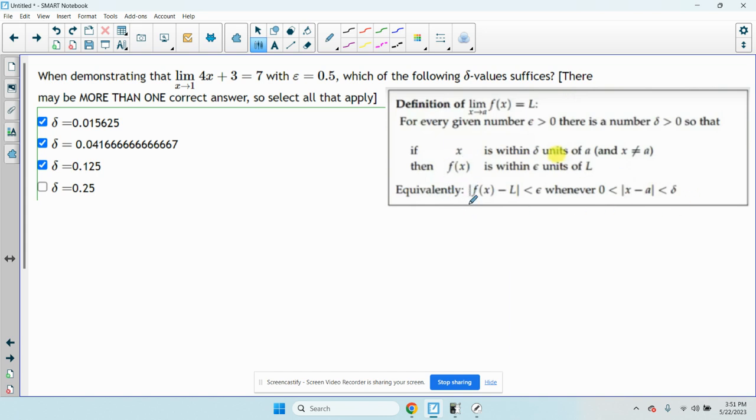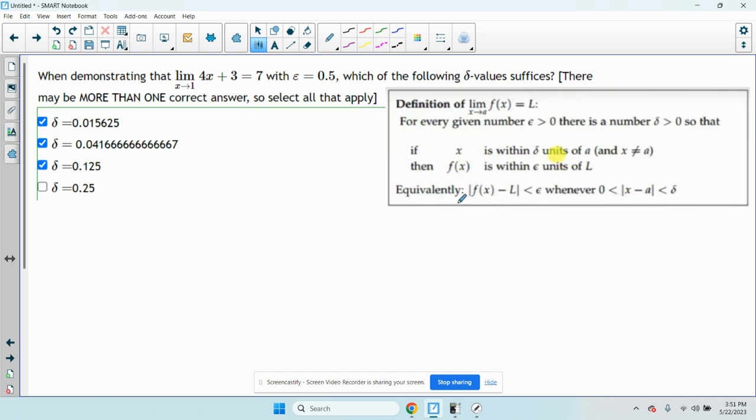So it says the absolute value of f of x minus the limit is less than epsilon whenever the absolute value of x minus a, which is the value we're looking for the limit at, is less than some delta value. So it's a matter of just plugging these values into this kind of equation and then going from there.